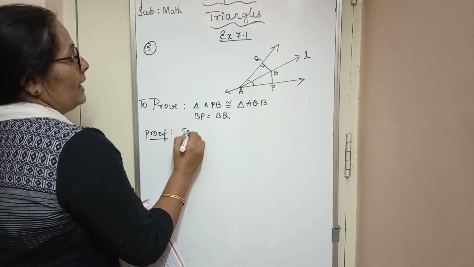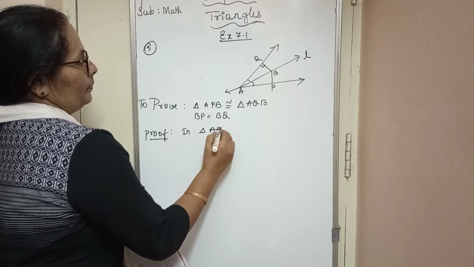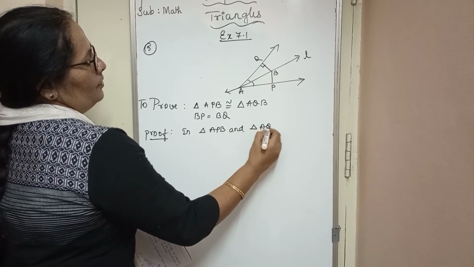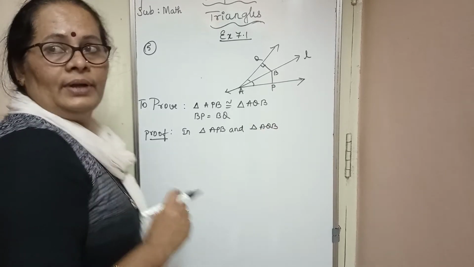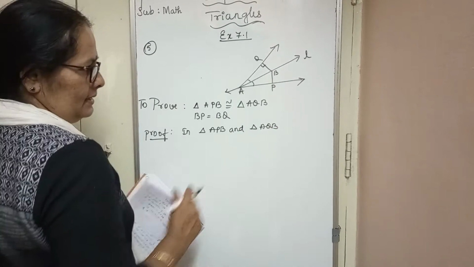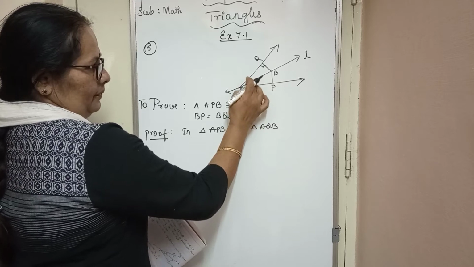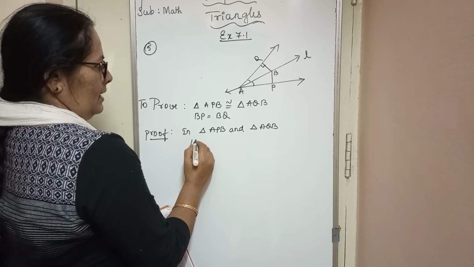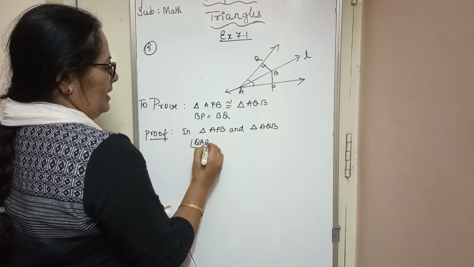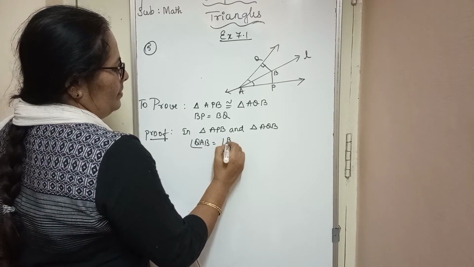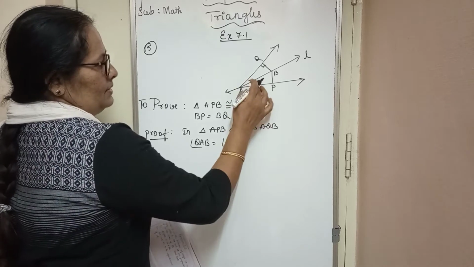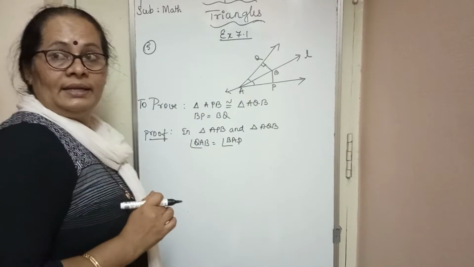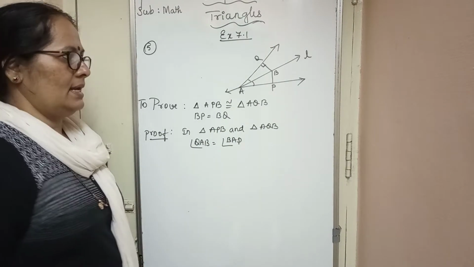So in triangle APB and triangle AQB, these two angles are equal. So angle QAB is equal to angle BAP. These two are the equal angles because line L is the bisector of angle A.